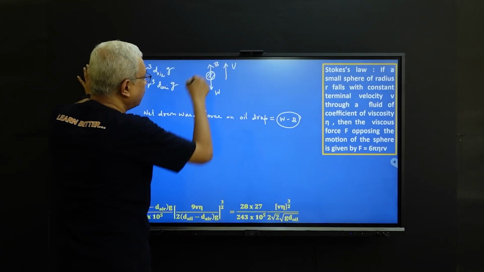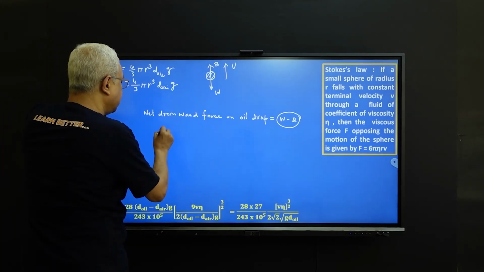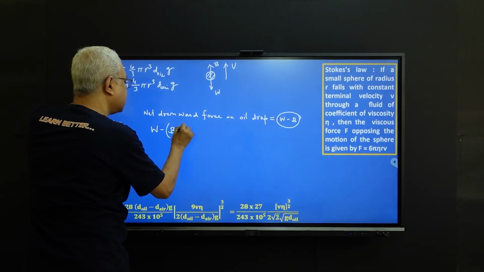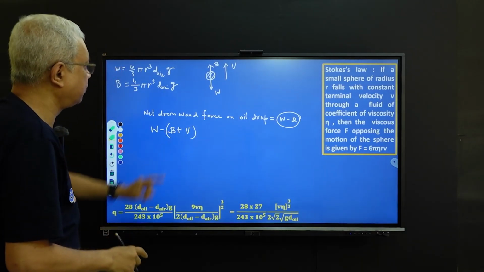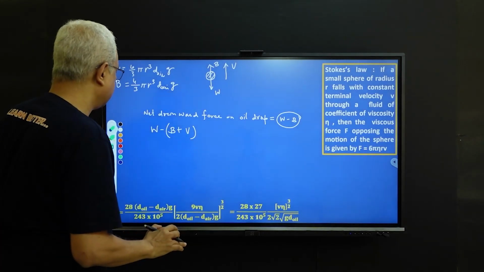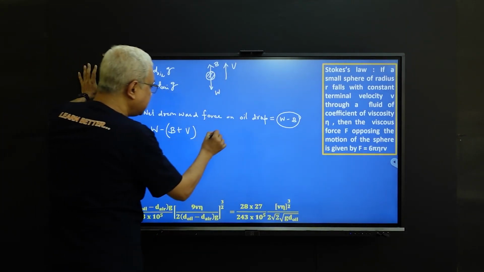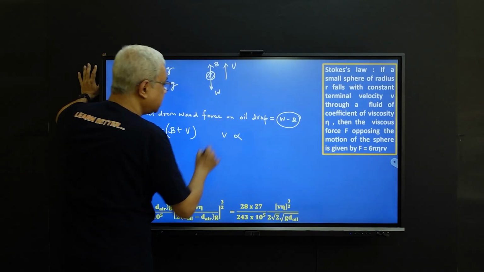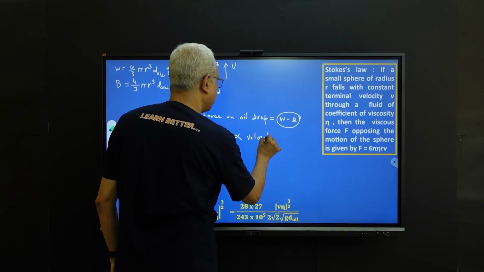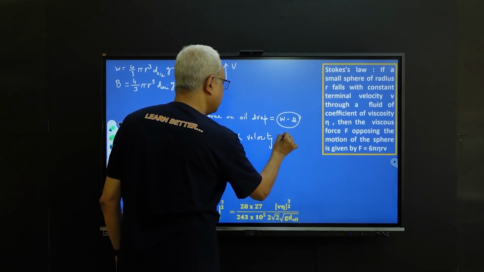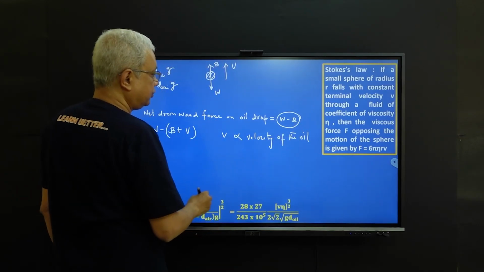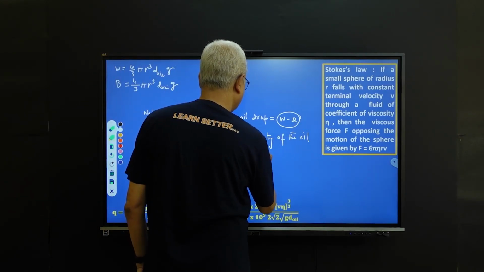So the net force is W minus B minus V, where V is the viscous force on the oil drop offered by the air medium. Now, the viscous force increases with the velocity of the oil drop, that you know.